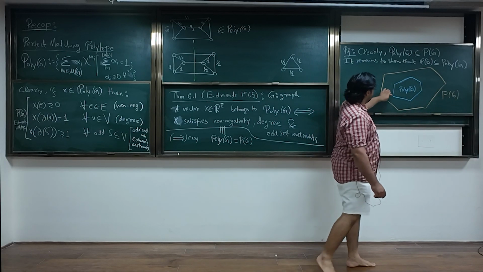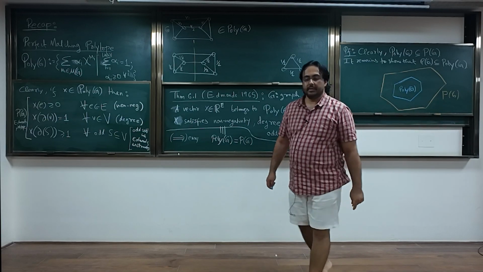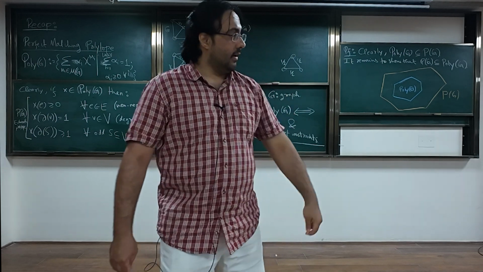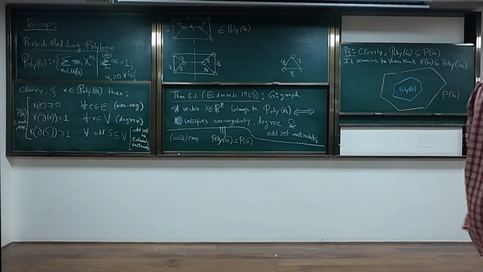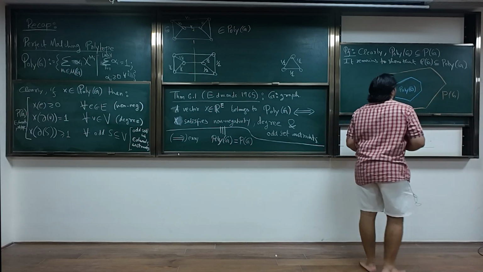We are trying to show that this set, whatever you see here, is empty. This is not a Venn diagram, although it can be viewed as one, but I meant it as a polytope diagram in 2D. You want to get a contradiction to this.